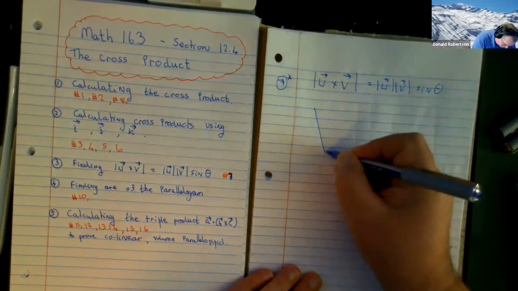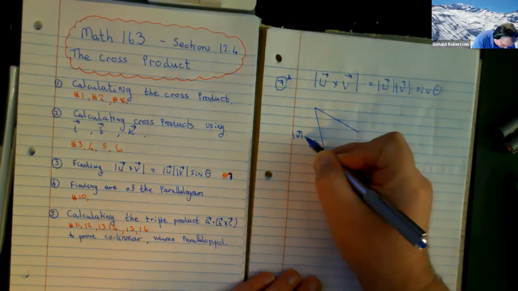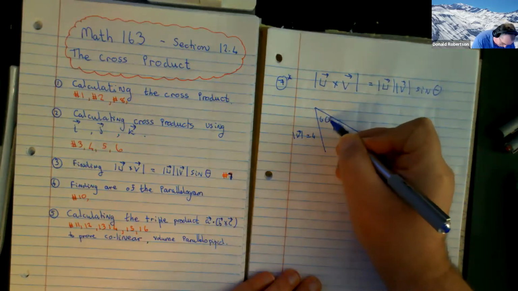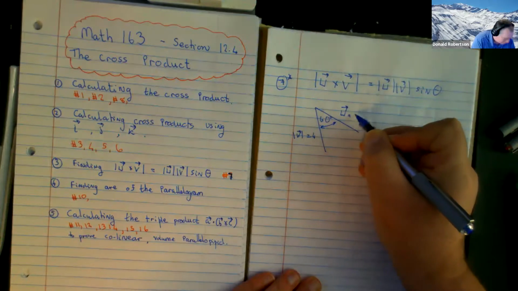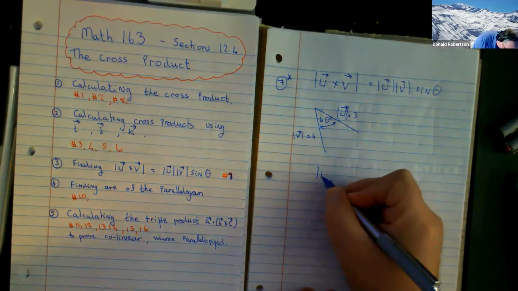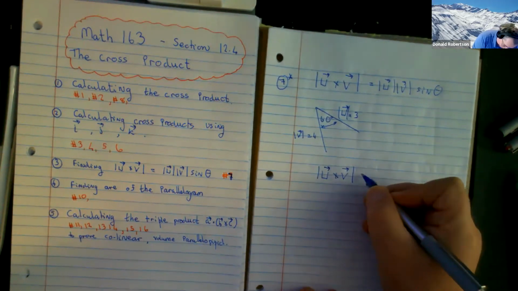You're given a picture, and you're told that the magnitude of this vector v is 4, that the angle between them is 60 degrees, and that this one over here has a magnitude of 3. And you're just being asked to calculate what the magnitude of the cross product is.